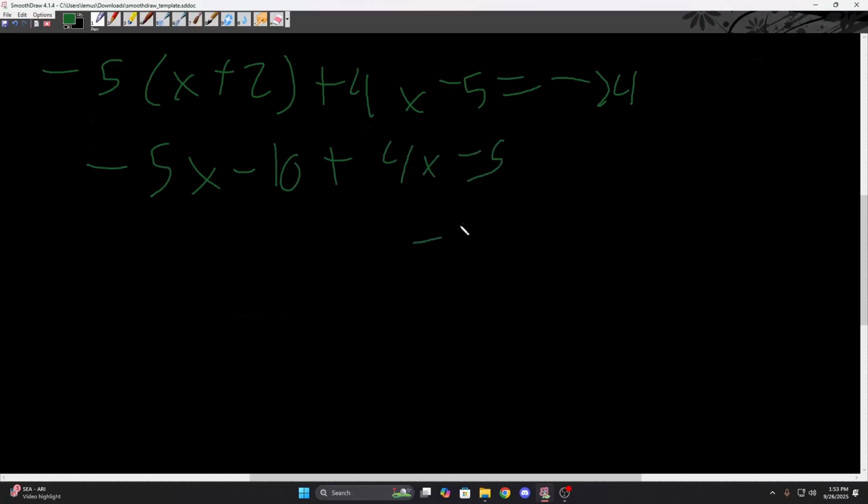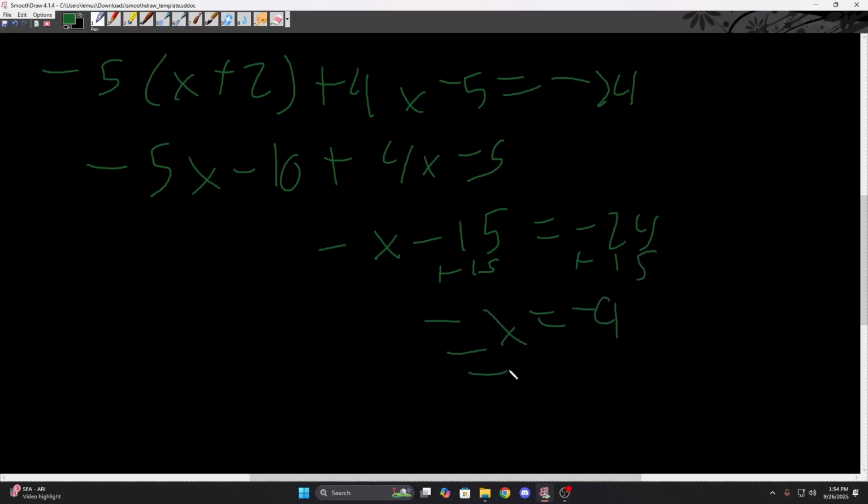You just add like terms together, and then you should have negative x minus 15 equals negative 24. We would add 15 on both sides. That would leave negative x equals negative 9. You divide by negative 1, and then x should equal 9.